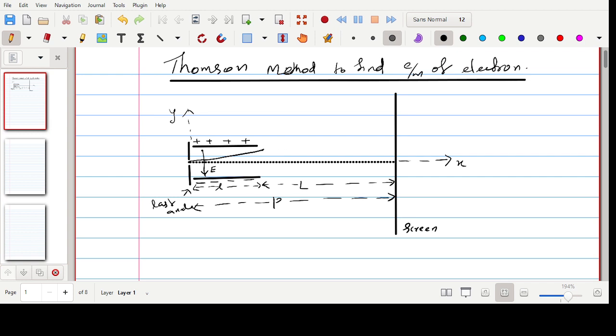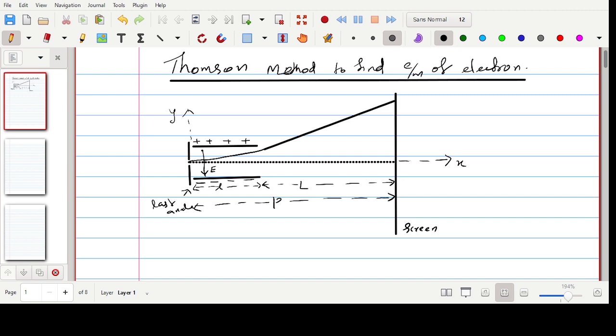So if it has a velocity tangent to this path like this, then after that it will move undeflected. From here it will be moving along a straight line path.